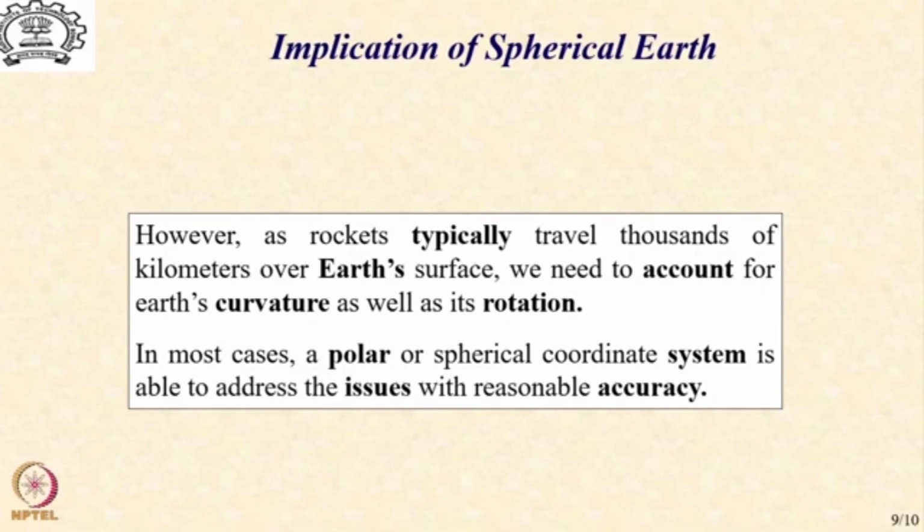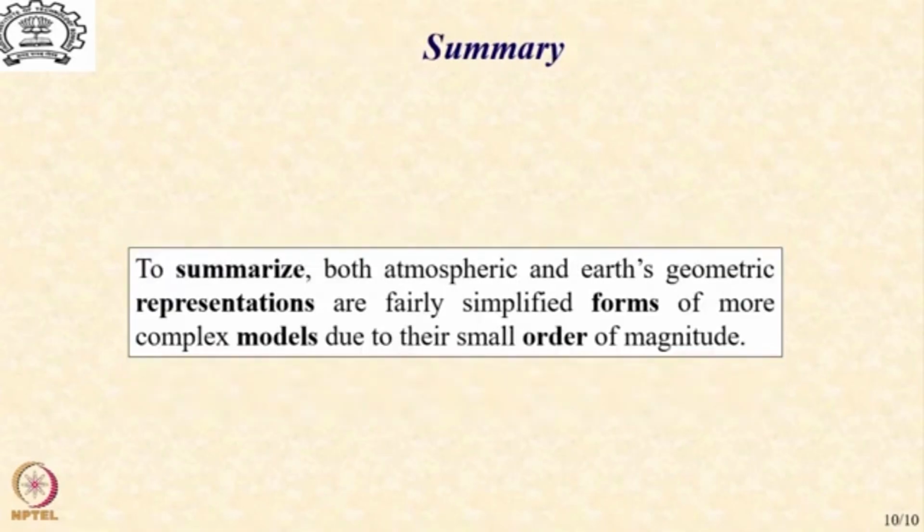So we have to deal with those depending upon the context in which we are putting the model. So to summarize, both atmospheric and Earth's geometric representation are fairly simplified forms of more complex models due to their small order of magnitude.